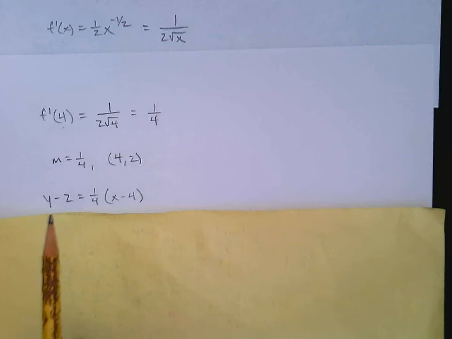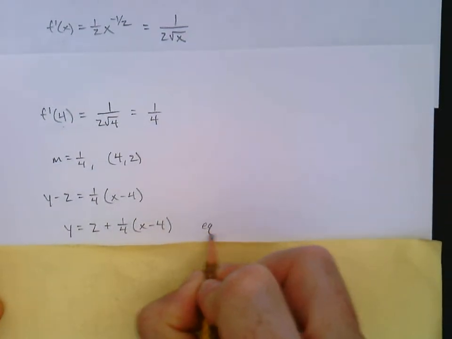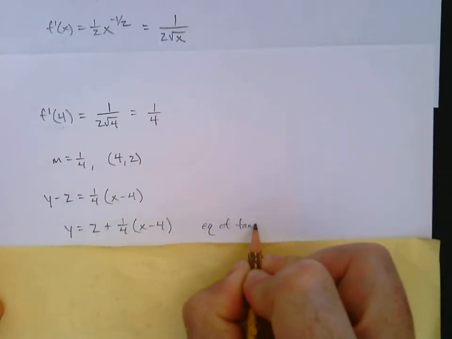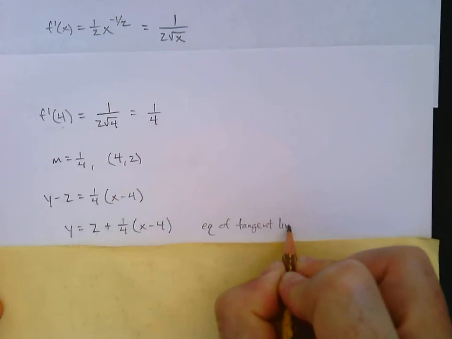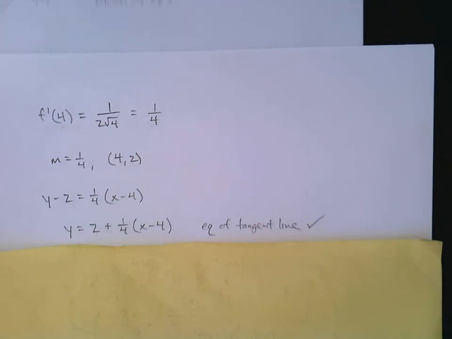I'm not going to do that here. I'm just going to add the 2 over, like that. y equals 2 plus 1/4 times (x minus 4). There's the equation of the tangent line, and I like it in this style.